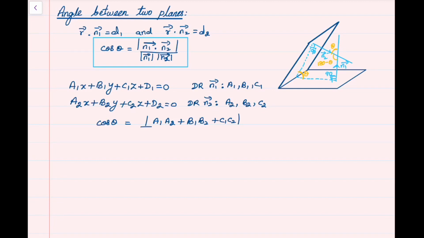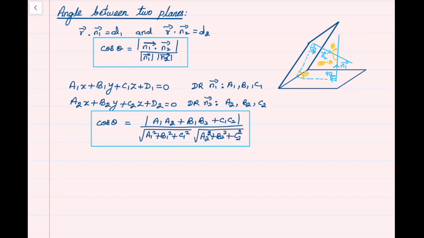Absolute value sign is there to get the acute angle between them, divided by root of a1 square plus b1 square plus c1 square times the root of a2 square plus b2 square plus c2 square. This is the corresponding Cartesian formula to find the angle between two planes.